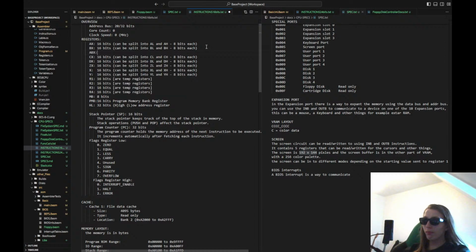ABX, which is 32 bits, the ABX is AX and BX combined.